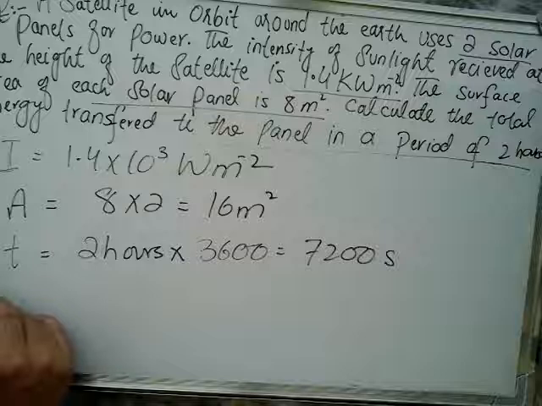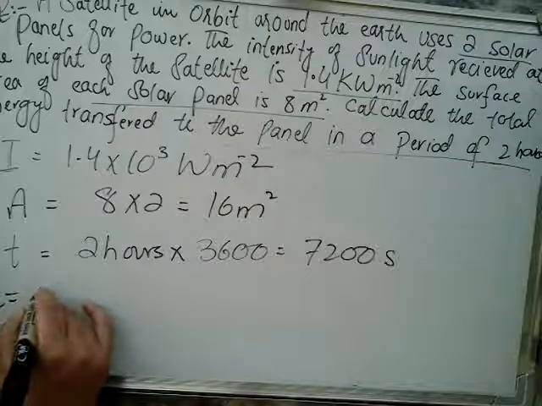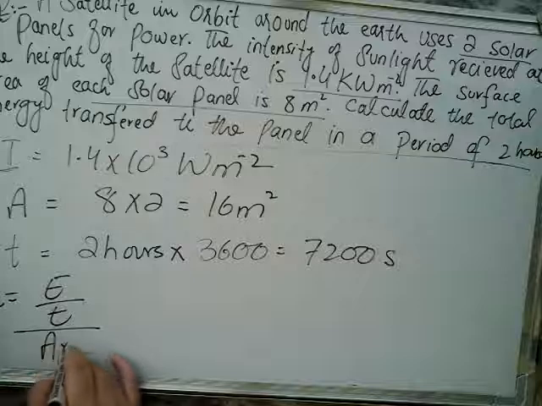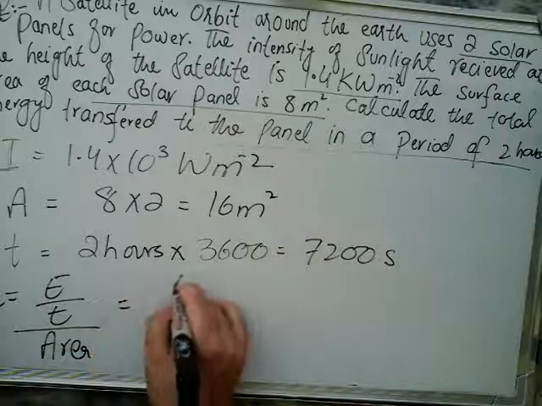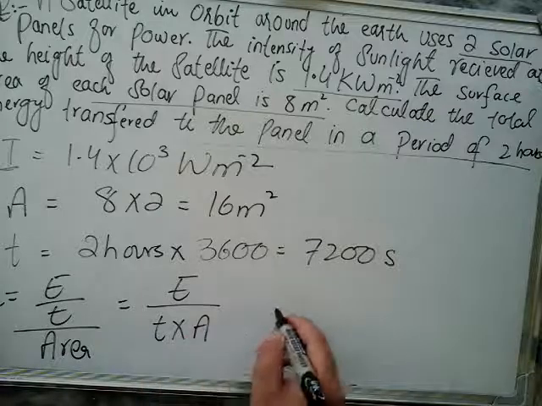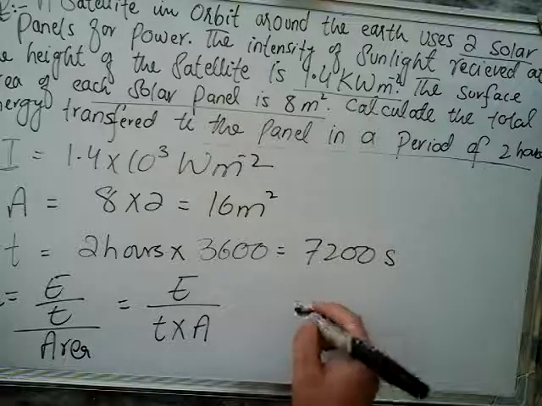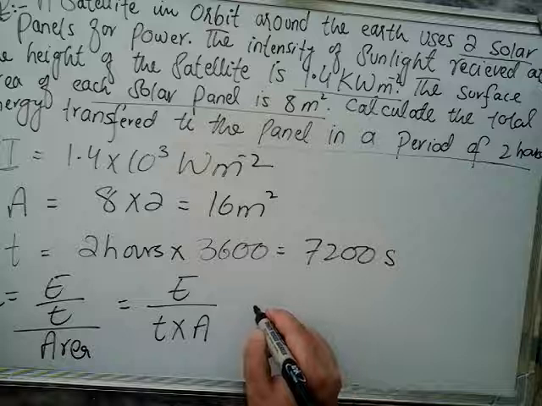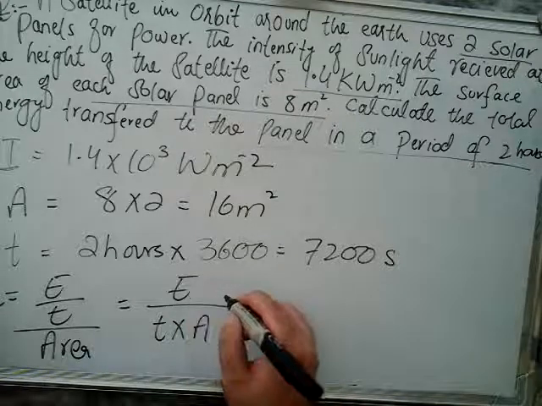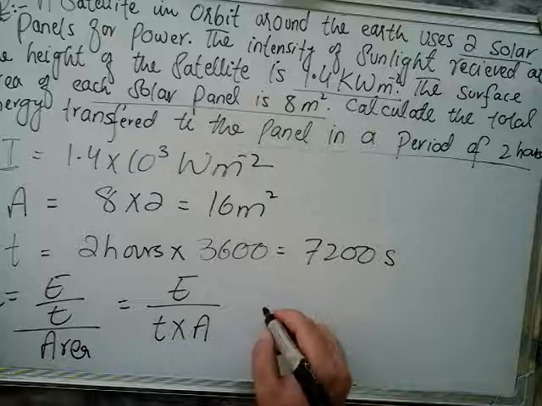The intensity is equal to the rate of transmission of energy per unit area. That is equal to energy over time multiplied by area. We actually need energy, sorry. How much energy is calculated?